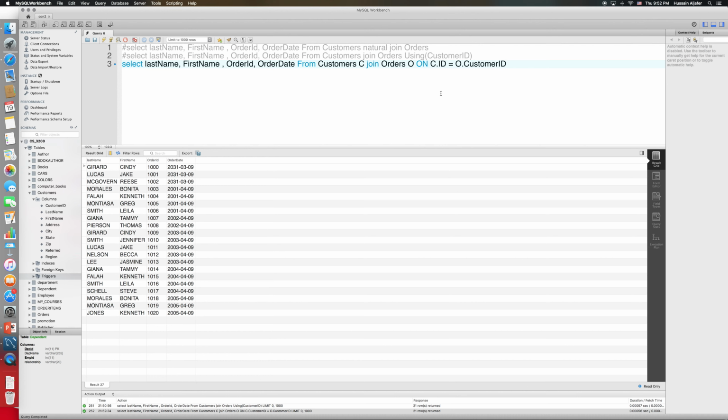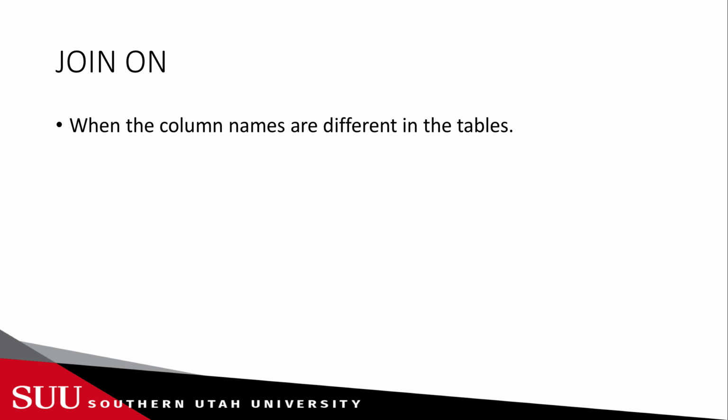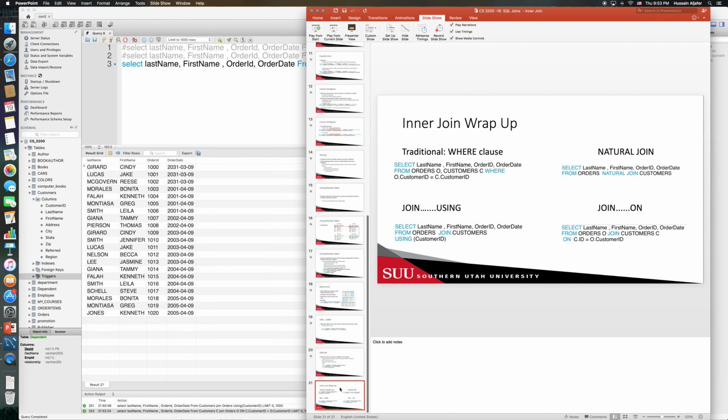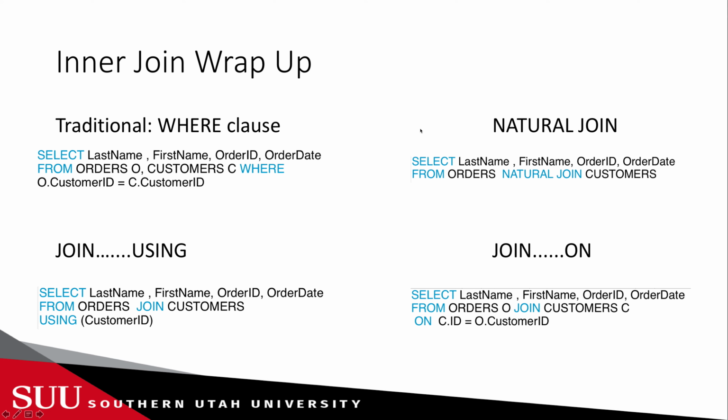And I included a slide at the end that is going to basically have all of this information listed. So the slide is right here, and this is going to tell you how to accomplish inner join. So this is a wrap up of inner join. You can accomplish it using the traditional way, which is using a where clause. You can go with natural join if you have the same column name in both tables.